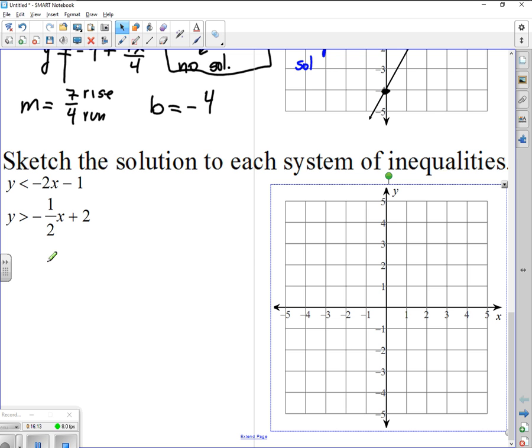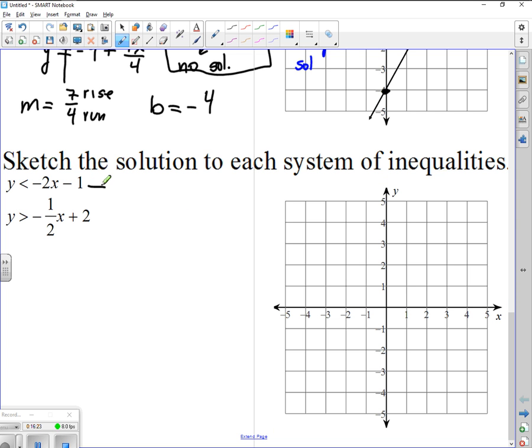Graph the solution of each system of inequalities. This is similar to the previous one, but now they're inequalities. So number one, they gave me the y already by itself, so you can find the m, and you can find the b.